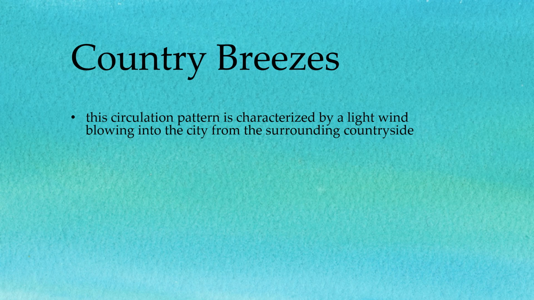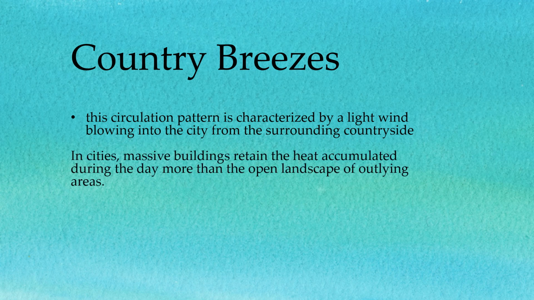This is one of the mesoscale winds, and the country breeze is associated with large urban areas. Why? Because in cities, massive buildings, such as big rocks, retain the heat accumulated during the day more than the open land of outlying areas.